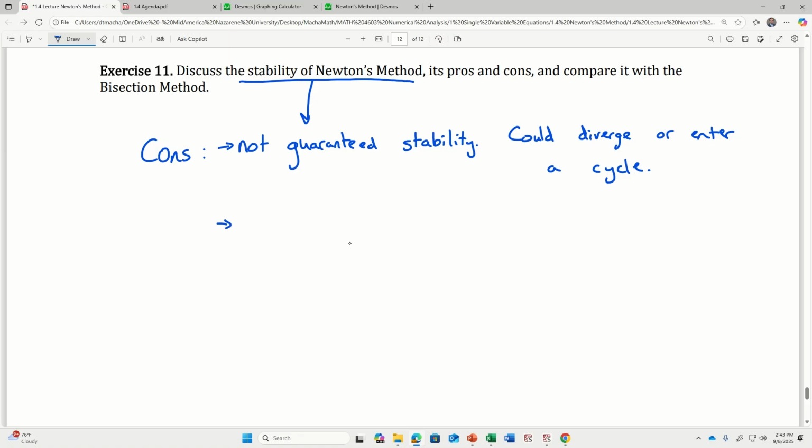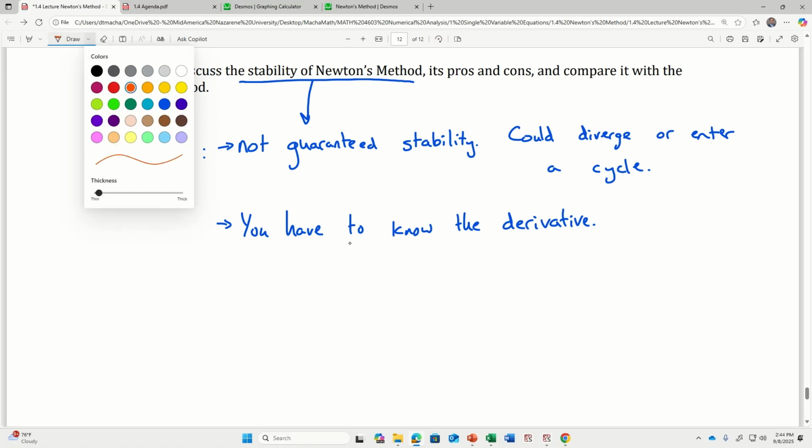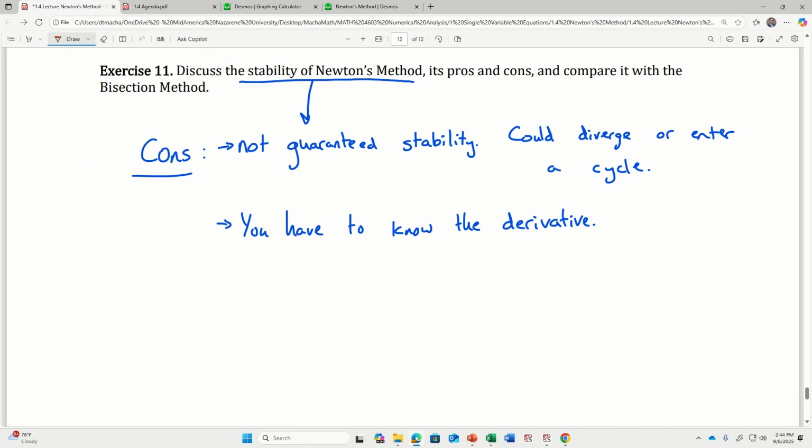What's another drawback of Newton's method? Another big drawback is you have to know the derivative of the function. And sometimes you might run across a situation where you don't know the derivative of a function.